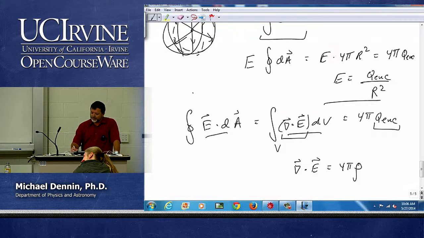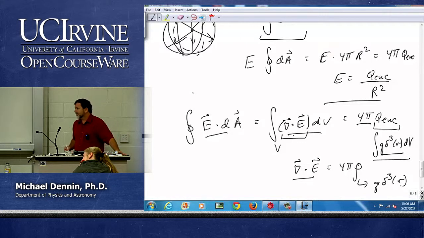And the right volume integral here is the integral over Q delta of R dV, because that is our charge enclosed in this case. So now we can equate the del dot E with the 4 pi rho, and we see that we have the right idea for rho being a delta function.